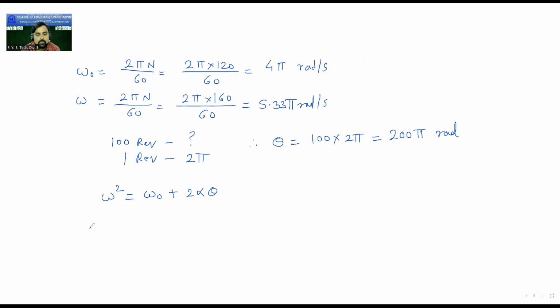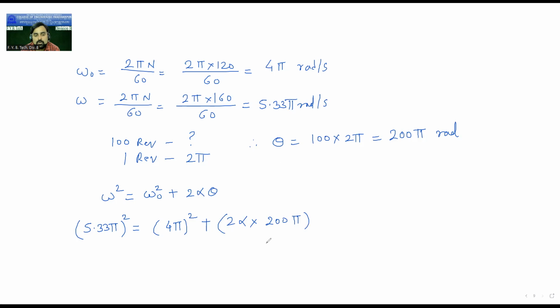So omega square is 5.33 pi square, is equal to omega 0, which is 4 pi square, plus 2 alpha into theta, and theta is 200 pi.